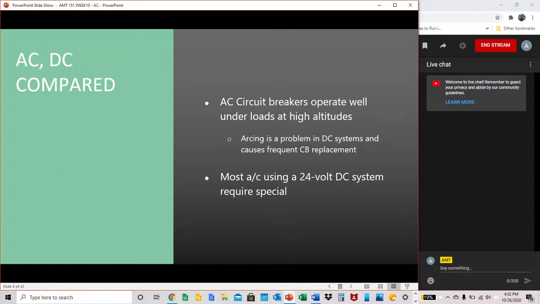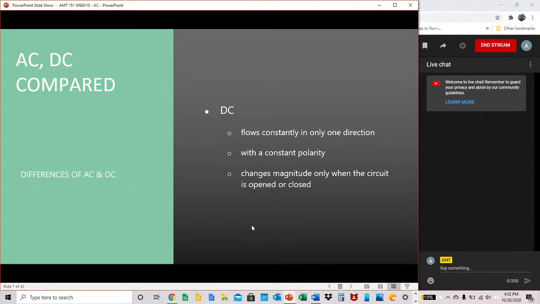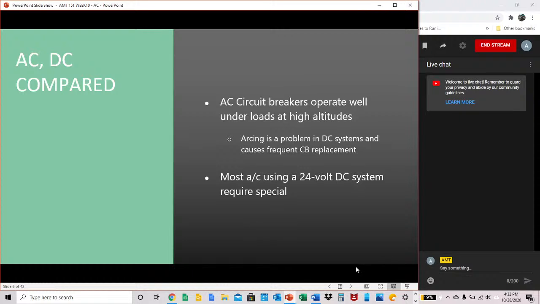Also, AC circuit breakers operate well under loads at high altitudes. Arcing is a problem in DC systems, and this causes frequent circuit breaker replacement. Most aircraft that are using a 24-volt DC system require special equipment. So that is another advantage to AC.